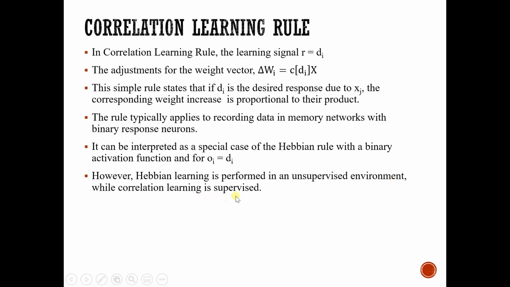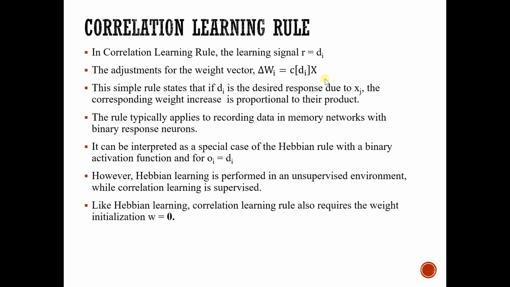Whereas in correlation learning, we directly take the desired response into consideration and not the actual. So it is a supervised learning rule. Like the Hebbian learning rule, the correlation learning rule also requires weight initialization around 0. So the initial weights should be selected very close to 0.